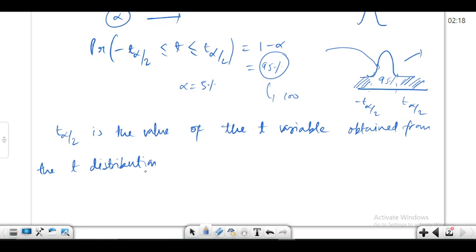So you'll have to use the t table at a given level of significance and a given degree of freedom. Okay, t distribution for alpha by 2 level of significance and n minus 2 degrees of freedom.